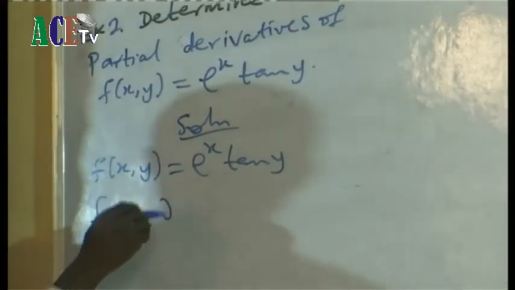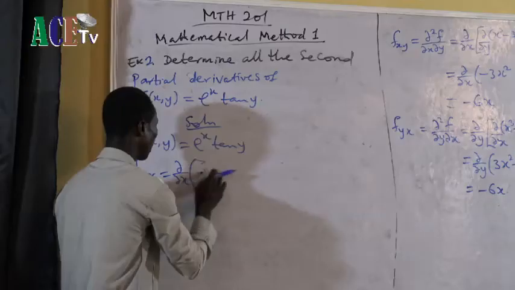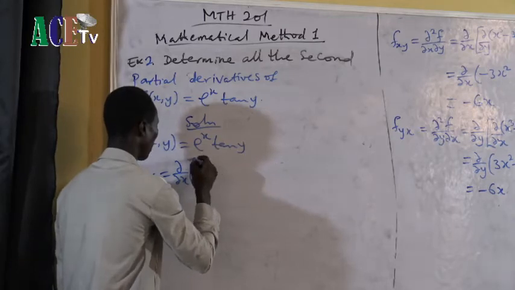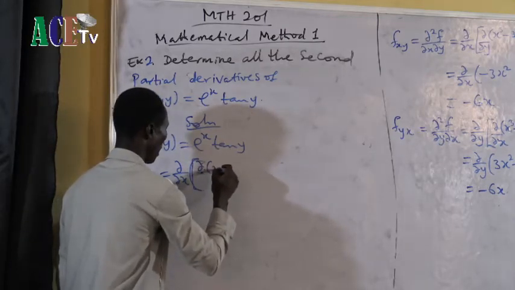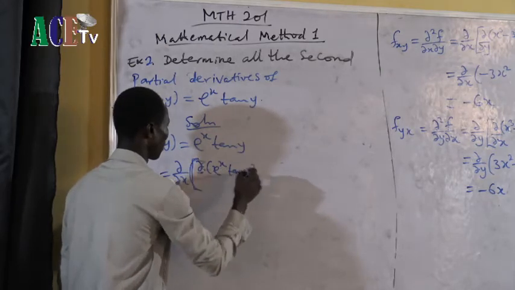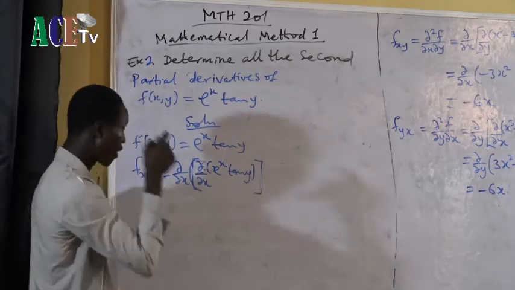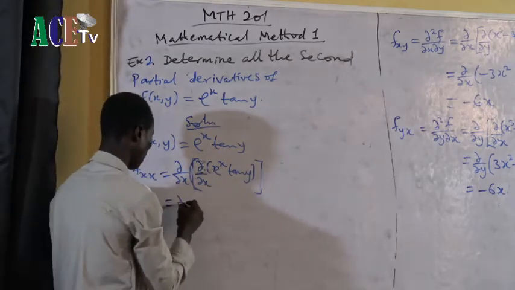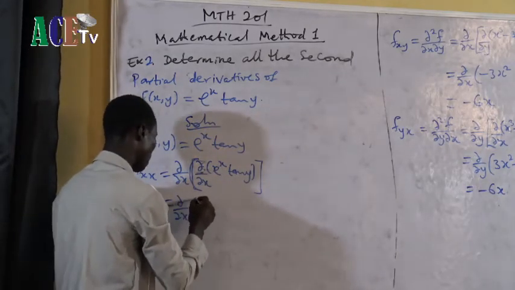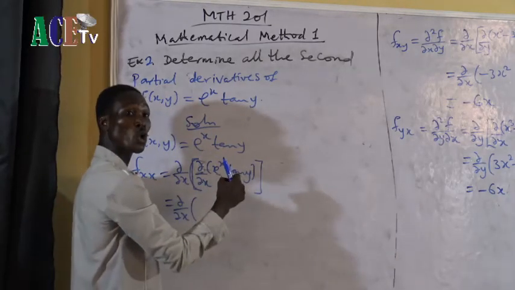Is the x of the exponential x times y, the x. I want to differentiate this one with respect to x first. The x of, now I will use product rule.